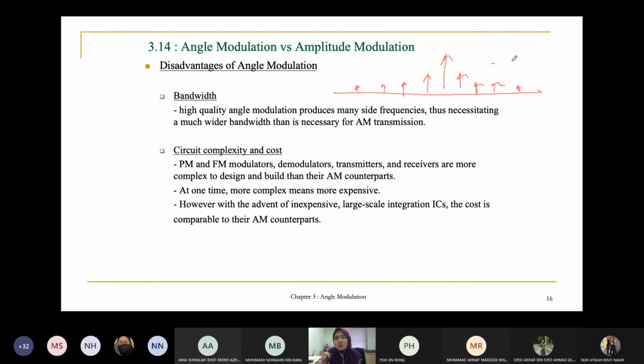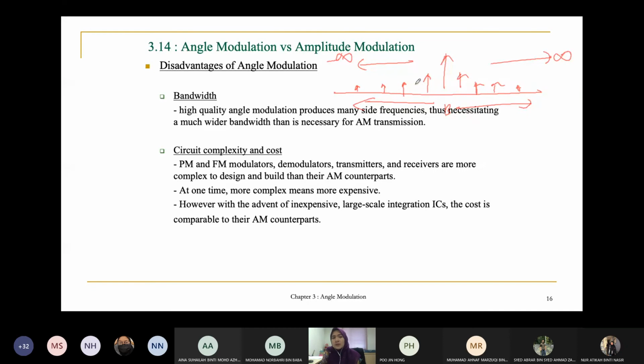Therefore, the bandwidth tends to be higher compared to amplitude modulation. High quality angle modulation produces many side frequencies, thus it requires a much wider bandwidth compared to amplitude modulation.